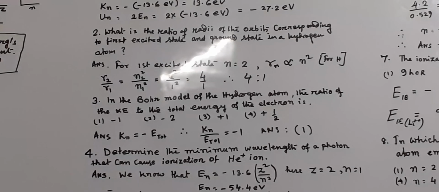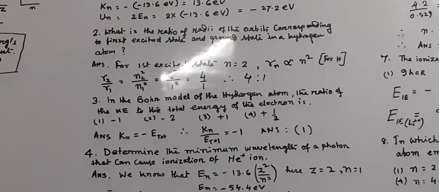Next question 5. The ratio of ionization energy of Bohr's hydrogen atom and Bohr's hydrogen like lithium atom, there are 4 choices we have to see. The energy of electron in ground state of an atom is given by E equal to minus 13.6 z square. Then ionization energy will be 13.6 z square.